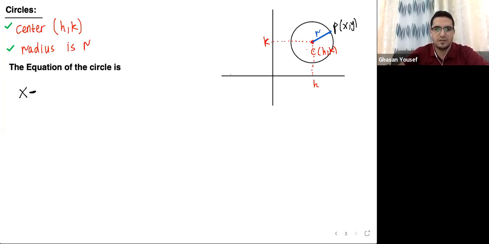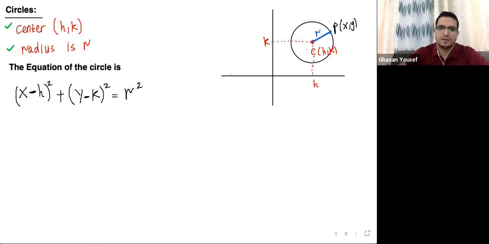The x coordinate of the center is h. So x minus h, everything squared, plus y minus the y coordinate of the center, which is k, minus k, everything squared, equals the radius squared. The radius is the distance from the center to the point P, r squared. This is the equation for any circle.